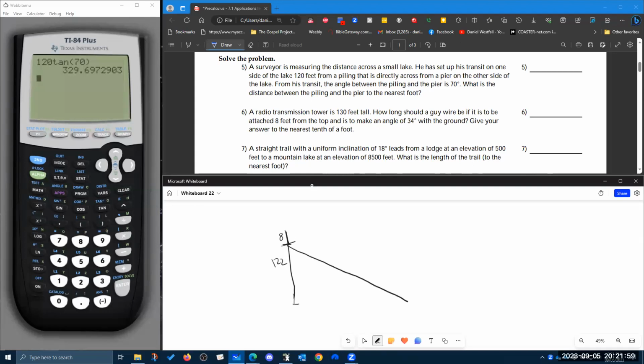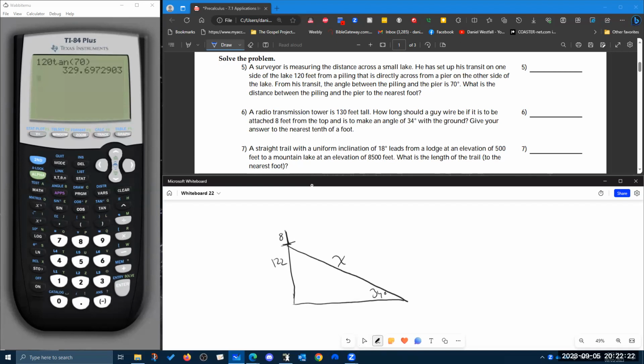There's the guy wire. It makes an angle of 34 degrees with the ground. We want to know how long this should be. Give your answer to the nearest tenth of a foot.